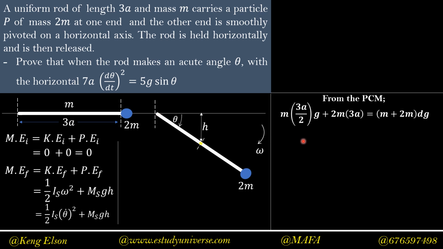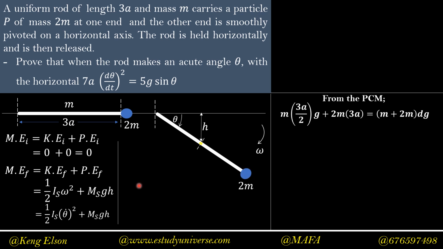That is why we take the weight of the rod times the distance separating one of the ends of the rod from where the weight is acting. So we have m times g for the weight of the rod, and the length of the rod was 3a. So the distance from the center of the rod to this other end is 3a divided by 2.